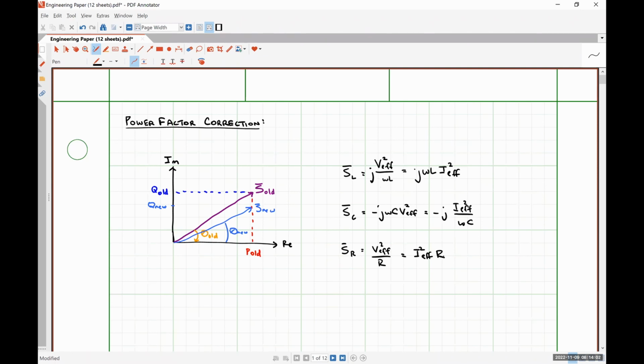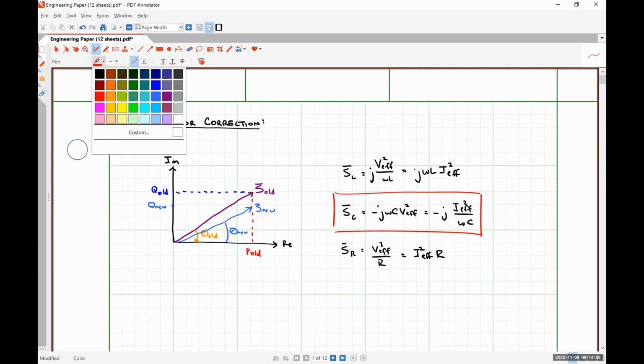So our in-class assignment problems both mention doing power factor correction by including a capacitor. The reason why we would use a capacitor for power factor correction is because we want to reduce Q, the imaginary part of our complex power. And if we look at our capacitor equation here, in both cases, whether we're dealing with an effective voltage or an effective current, we're providing a negative reactive power, right?